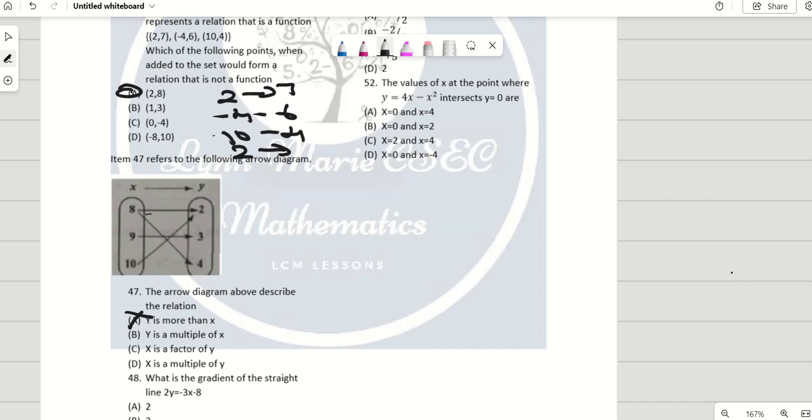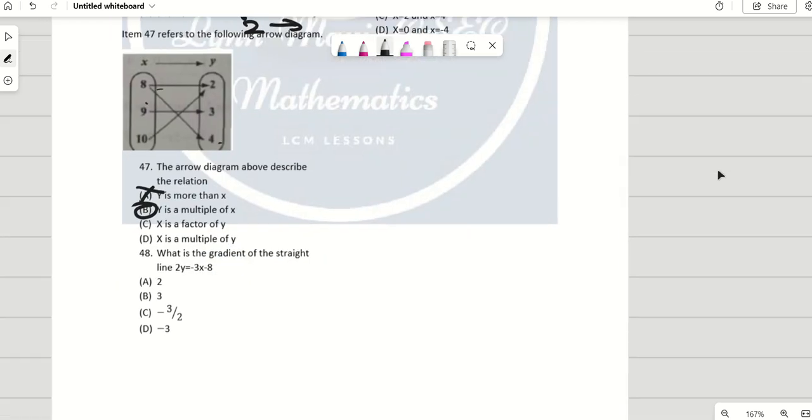Yes. What about 3? 3 multiplied by 3, you'll get 9. What about if we multiply 4 by some number, will we get 8? Yes. So B is your answer. Meaning if you multiply any of these digits by some number, you'll get back the answer.